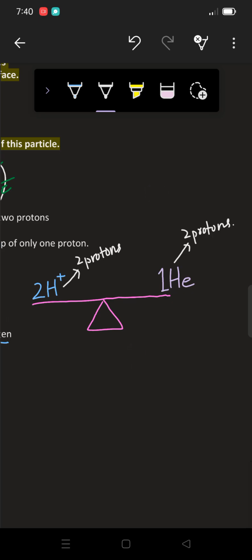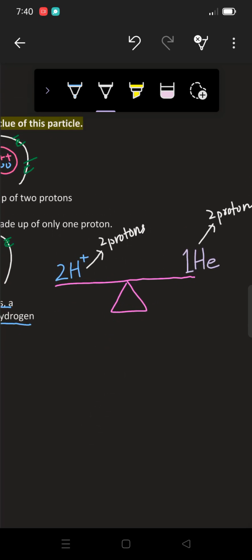Now this mass machine should not go up or down, right? Since both sides are balanced: two protons on my left-hand side in the two hydrogen atoms, and two protons on my right-hand side in the helium atom. So this should not go anywhere.